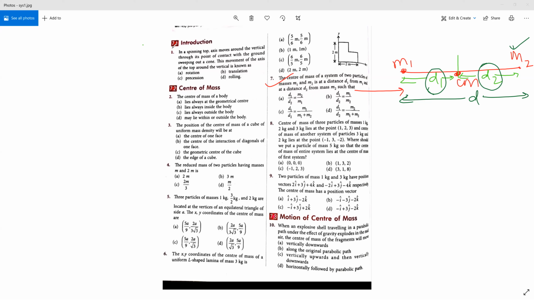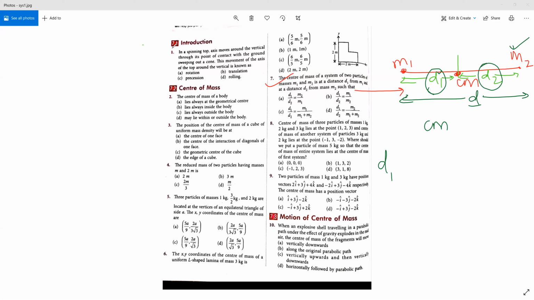The symbol d represents the total distance between the masses m1 and m2.